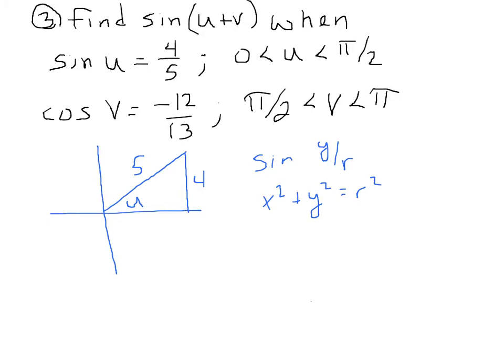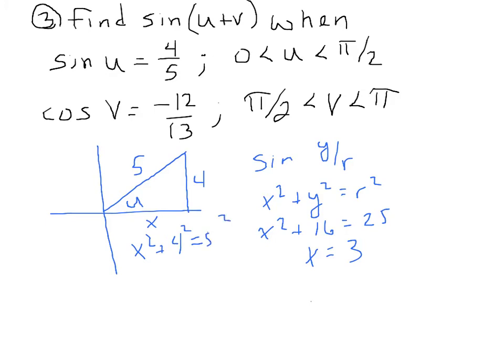So I can use x squared plus y squared, which would be 16, equals r squared, which would be 25. So that's going to give me x equal to 3. And I would get the same thing over here if I were to use the Pythagorean theorem. I'd have x squared plus 4 squared equals 5 squared.